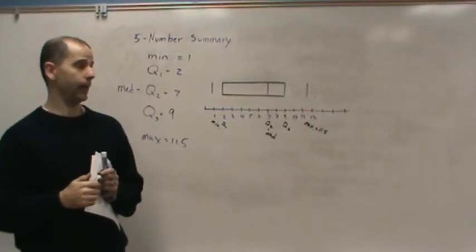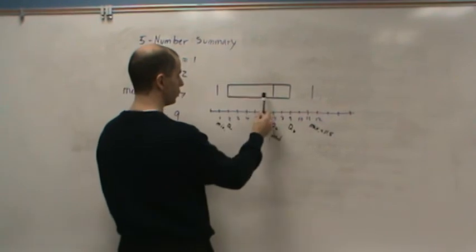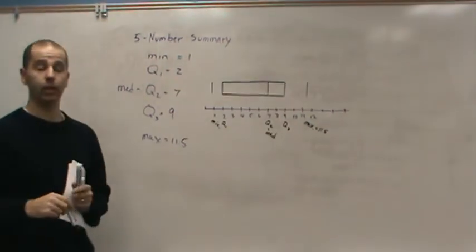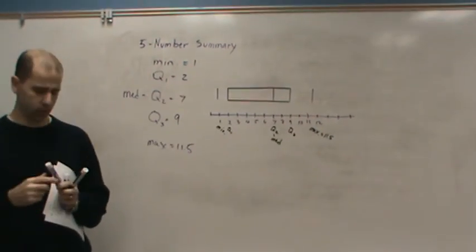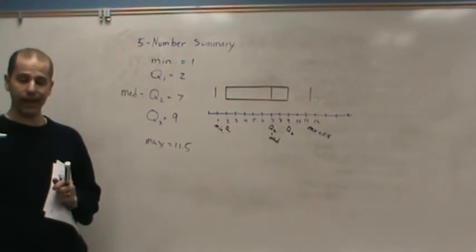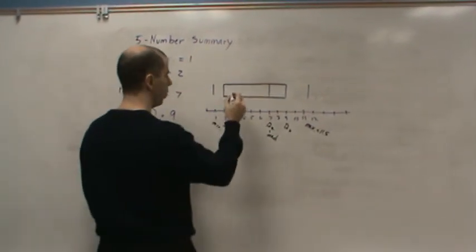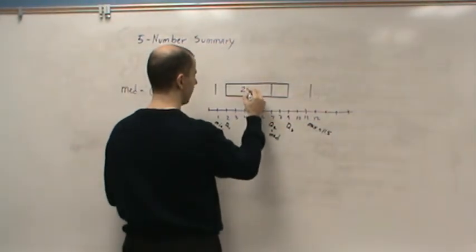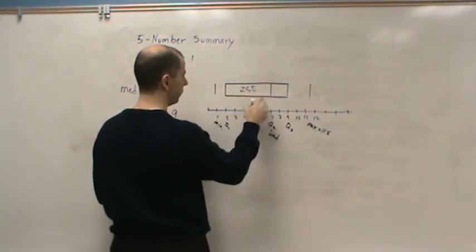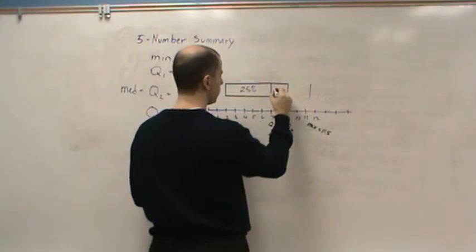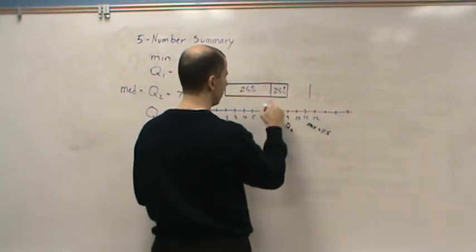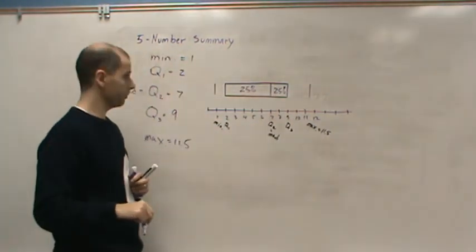Now notice this box represents the middle 50%. Furthermore, I automatically know what percentage is in each part of the box. So I know this is 25% of the data from here to here, and another 25% of the data from here to here.